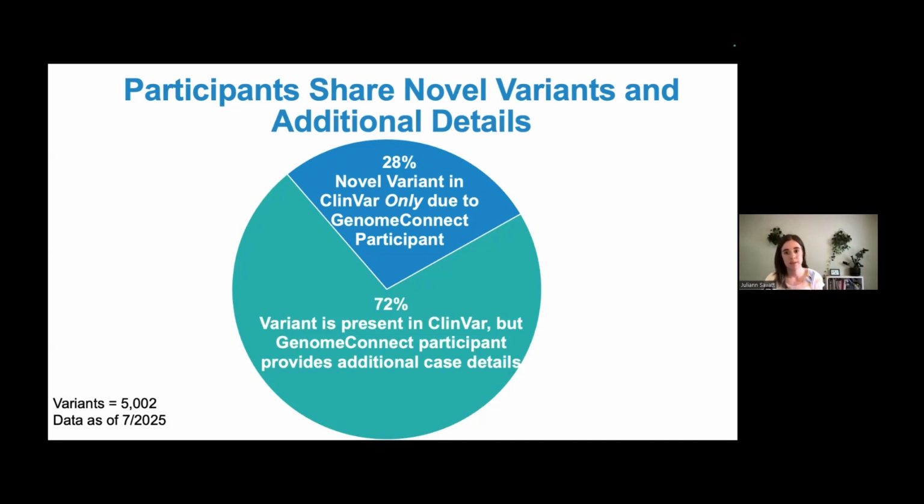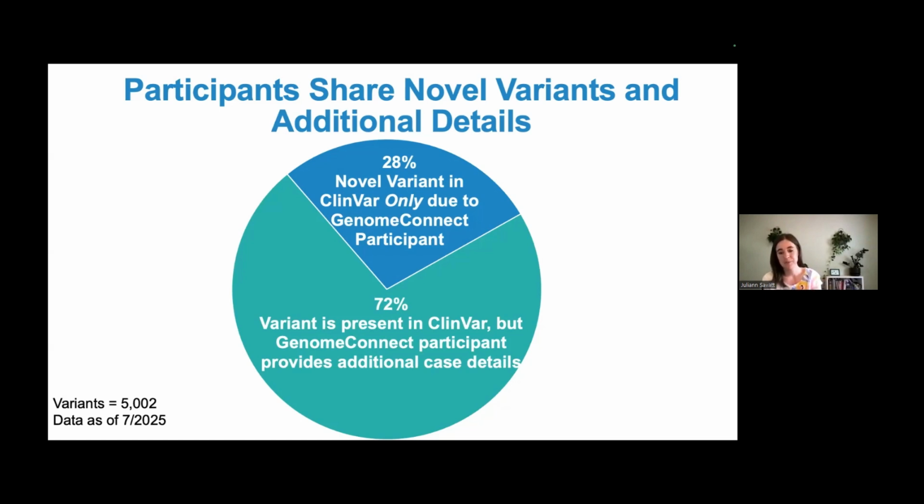And so really a participant taking the time to enroll in GenomeConnect to share their information means that that variant is getting into that database, and that information about that variant can be used to better understand genetics and health.